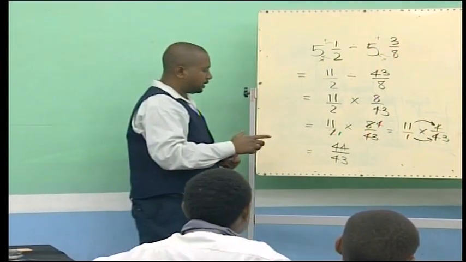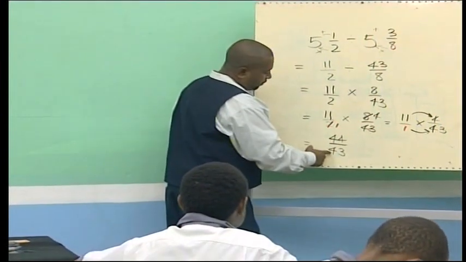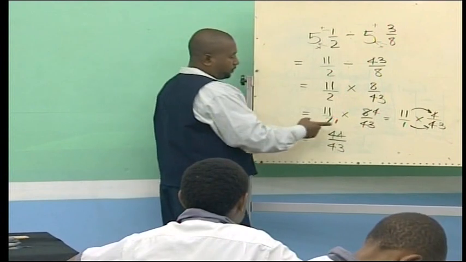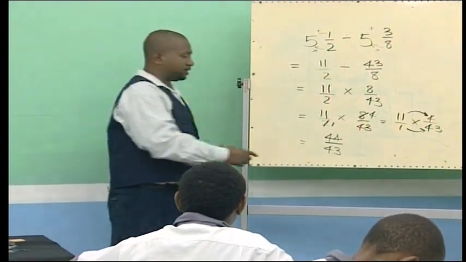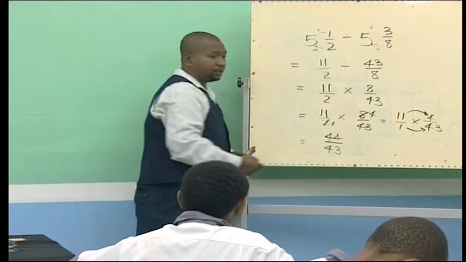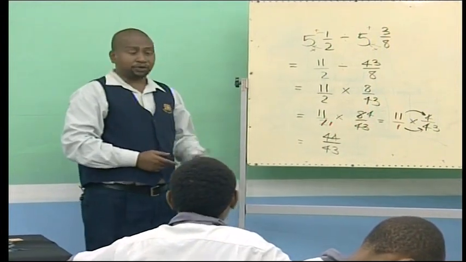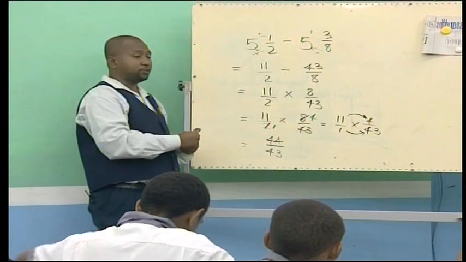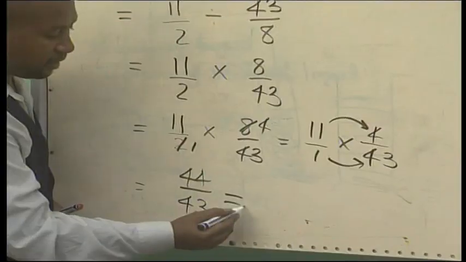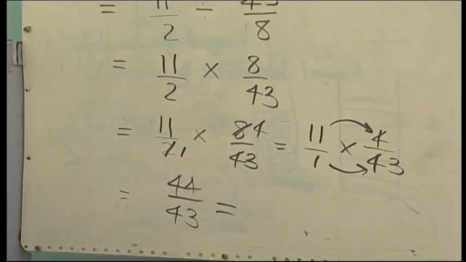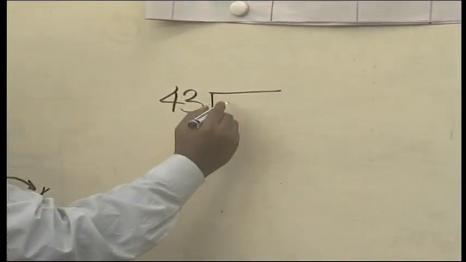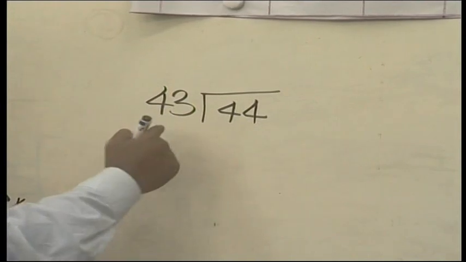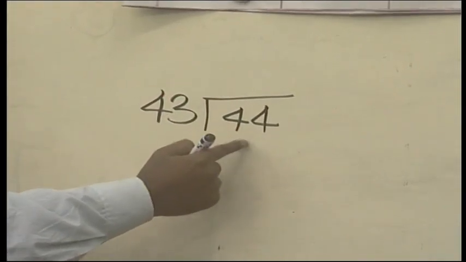When we are dividing 43 into 44, we are trying to change this fraction. What is the name of this fraction? Improper fraction. So we are trying to change this improper fraction to a what? Mixed number. So in order to do that, we are going to divide. 43 into 44, how many times?